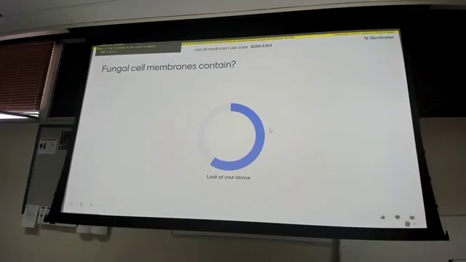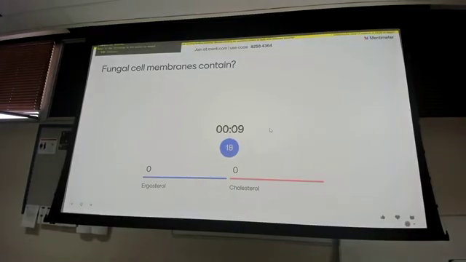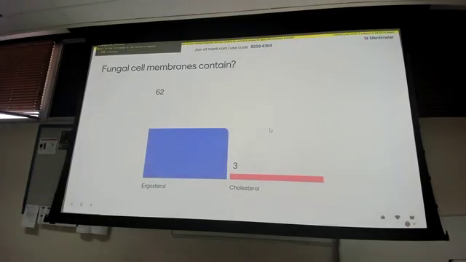Fungal cell membranes contain what? Yes, cholesterol. Remember, cholesterol is going to be bad. So remember those two things, chitin and cholesterol, okay?